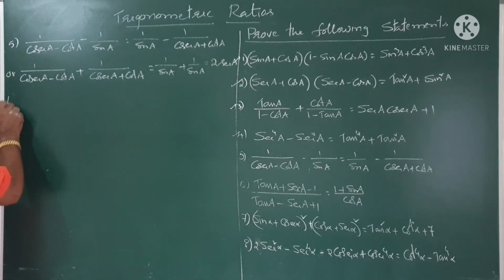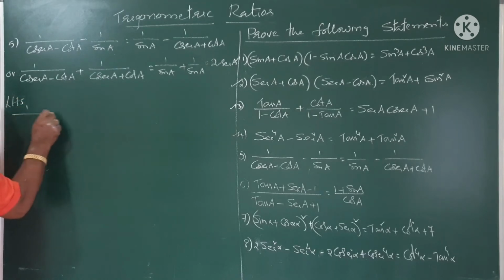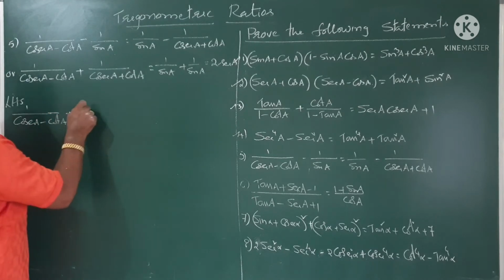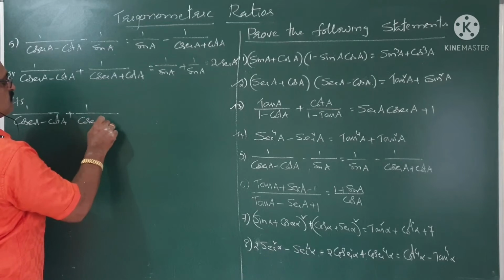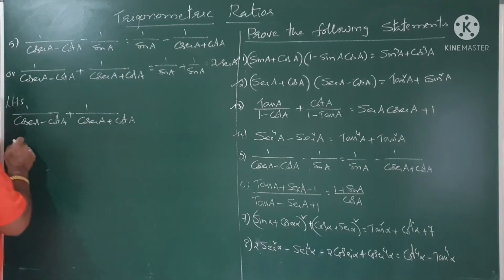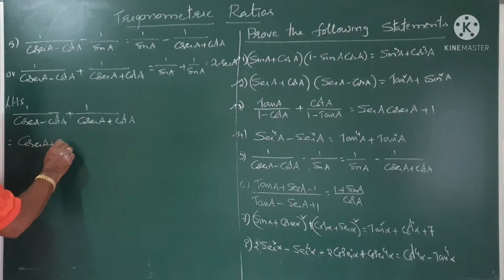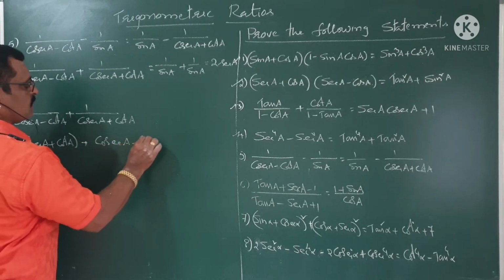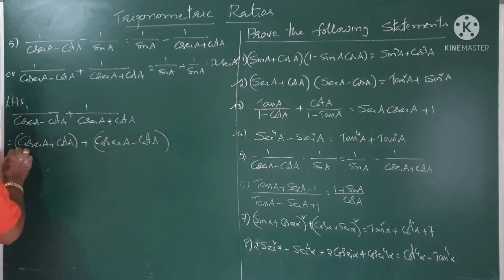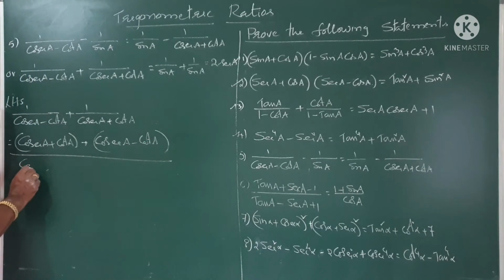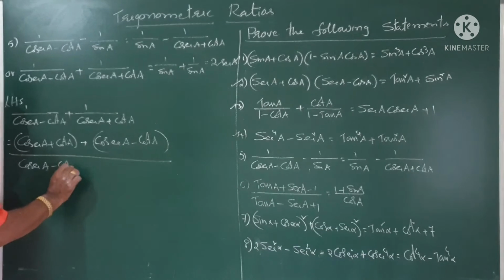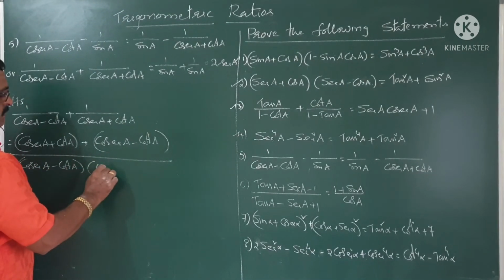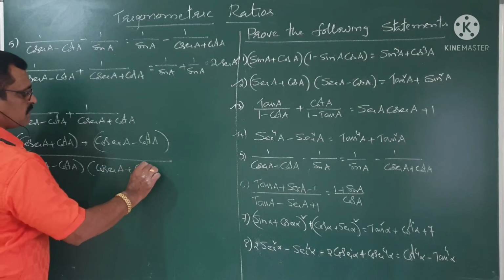So now my new LHS is 1 by cosecant a minus cot a plus 1 by cosecant a plus cot a. Just take LCM and simplify so that I get cosecant a plus cot a plus cosecant a minus cot a upon cosecant a minus cot a times cosecant a plus cot a.